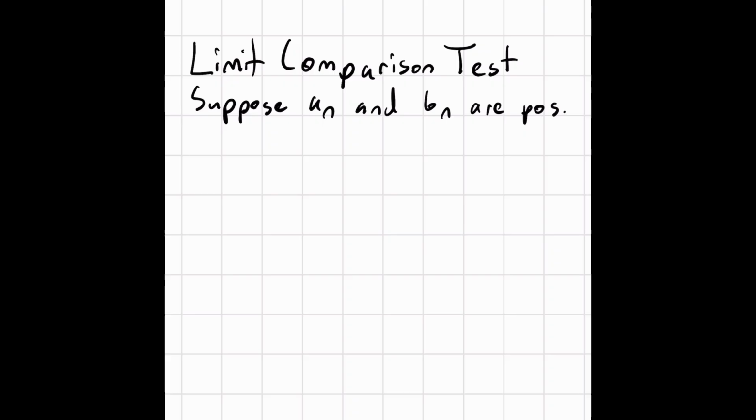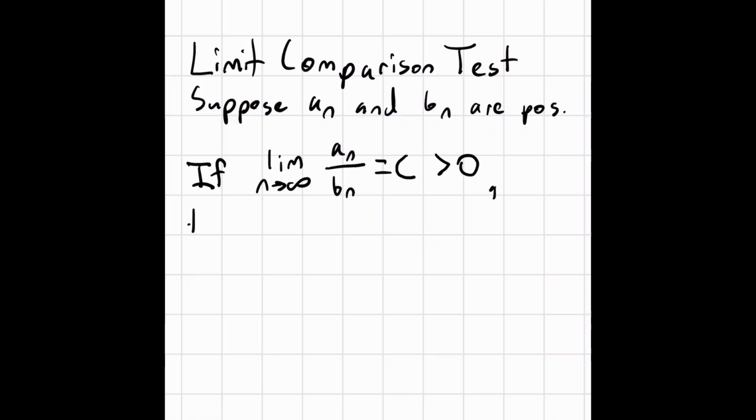Once again, if we take a limit as n goes to infinity of an over bn, and we get a finite number c that is positive, which again, it should be positive if it exists at all, because these are two positive things, right?